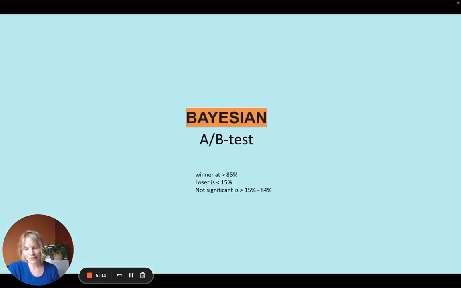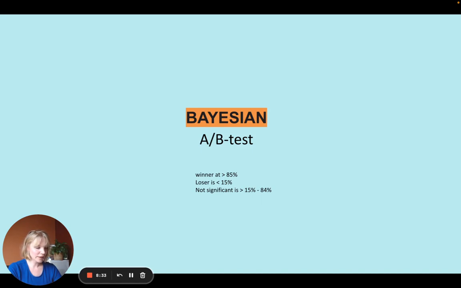So in Bayesian, you see we had that result of 95% chance of outperforming the control. When something is a winner, it all is based on what you determine a winner will be with your client, or with the rest of your team, or with the full organization.